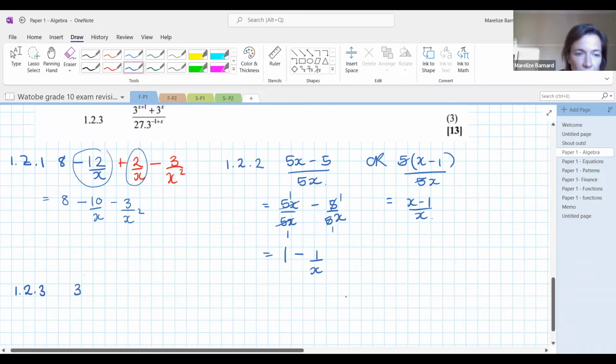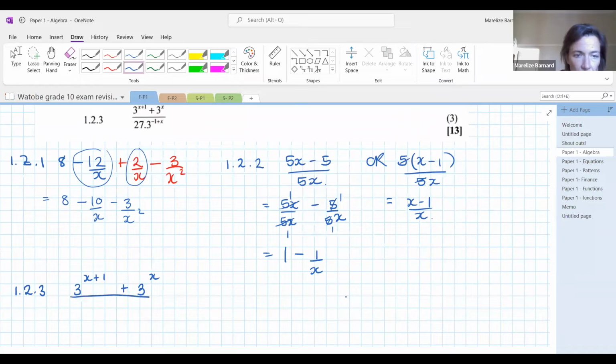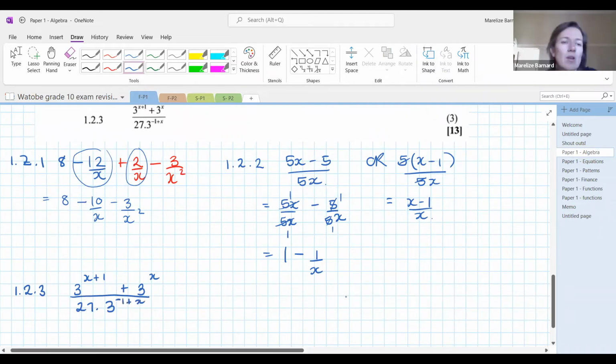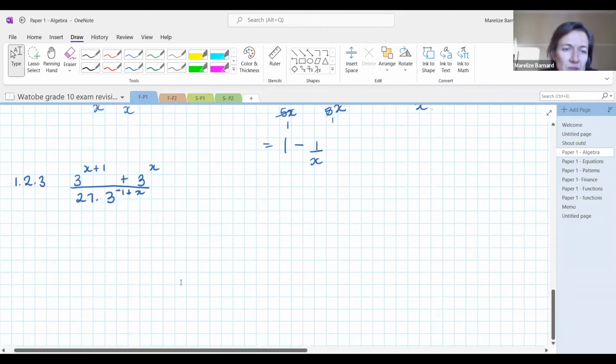So we've got 3 to the x plus 1 plus 3 to the x over 27 times 3 to the minus 1 plus x. Okay. Now, a few important things when you're working with exponents.